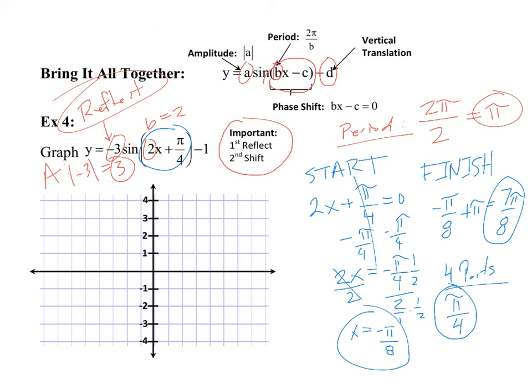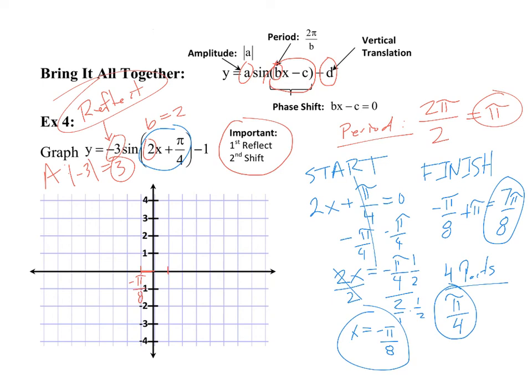So negative pi over 8. I'm going to call this negative pi over 8, and I'm moving in increments of pi over 4. What's pi over 8 plus pi over 8? It's pi over 4. If this right here is an increment of pi over 8, then I need to combine 2 of those to get pi over 4.